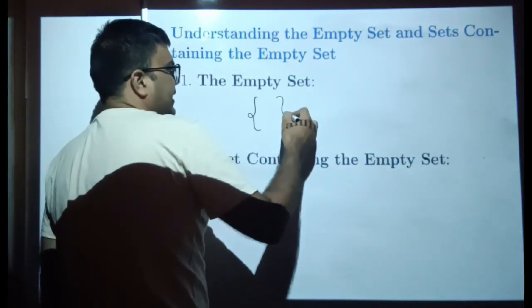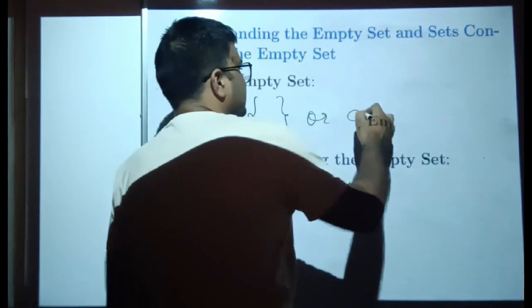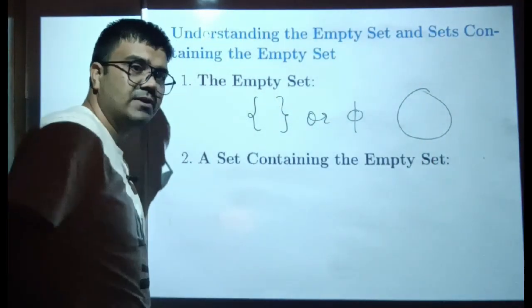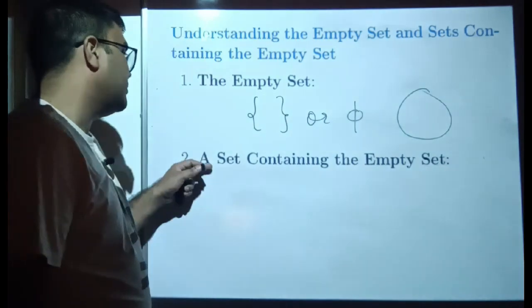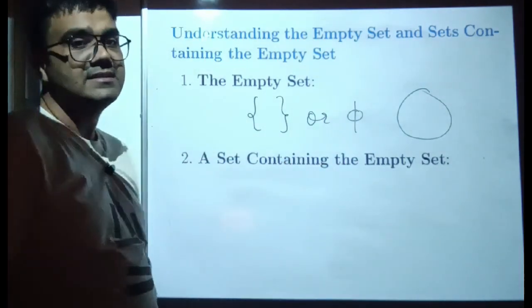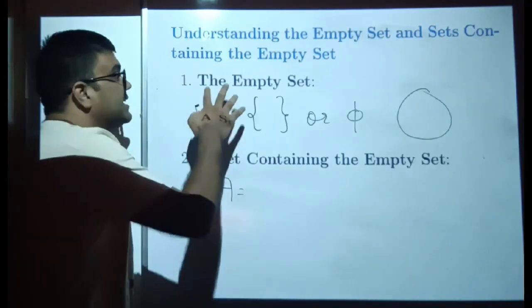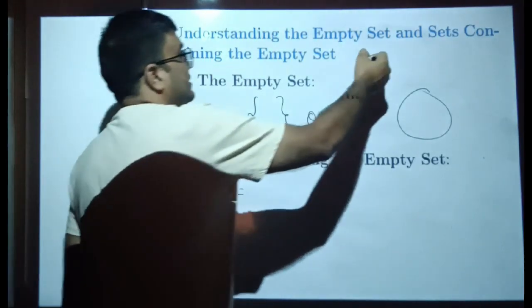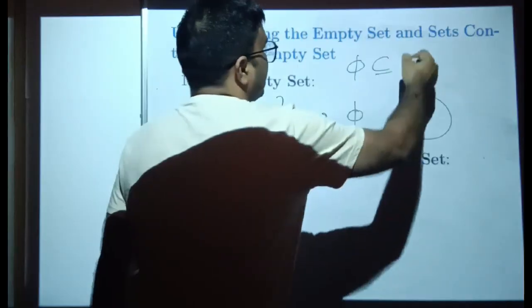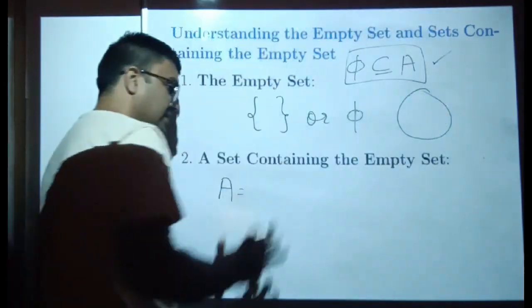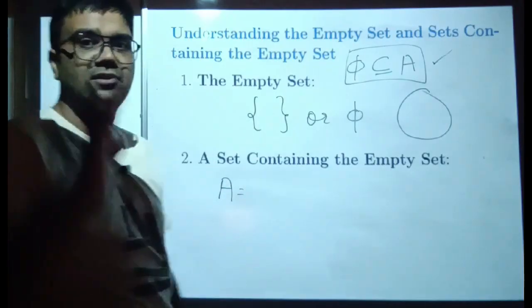Either we represent it like this or we represent it with phi, and if we use the circle we are using the empty circle over here. Now we are talking about a set containing the empty set. Suppose we have a set A. First thing about empty set we have already studied. It is for any set A, phi is a subset of A. This thing we have already studied, that phi is always a subset of A.